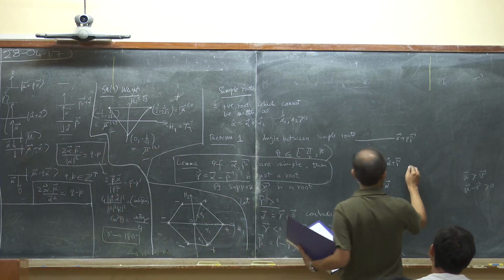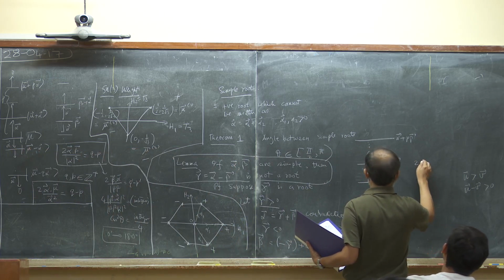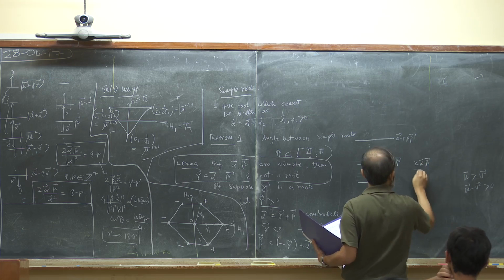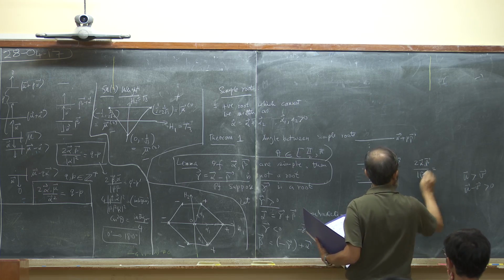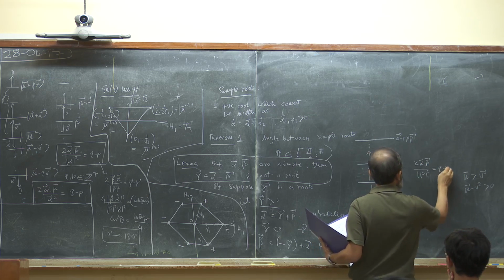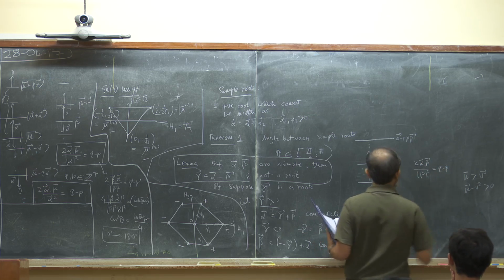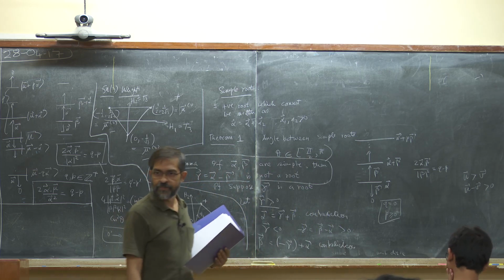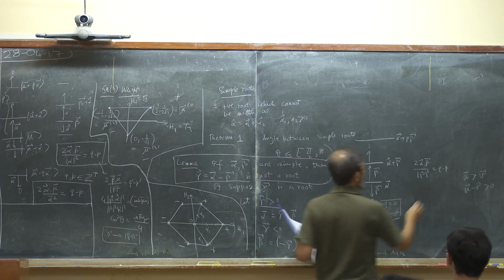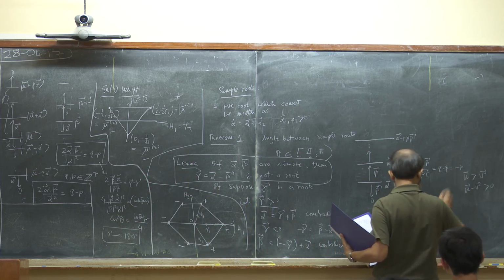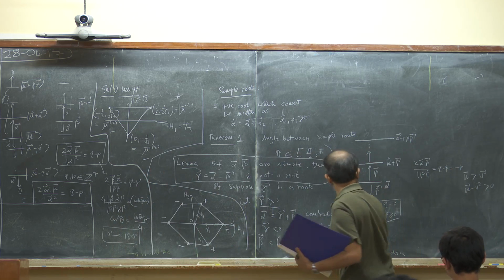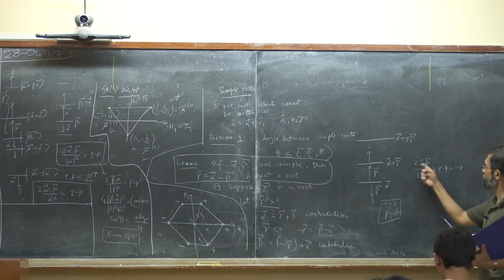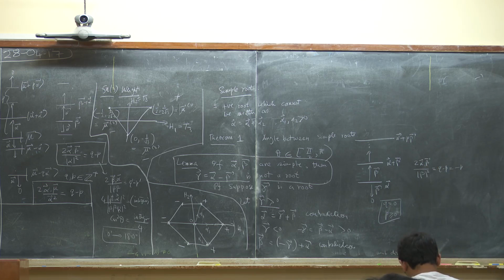So my formula would be that alpha dot beta divided by beta square has to be q minus p, but now I definitely know for sure that q is 0. So that is minus p.